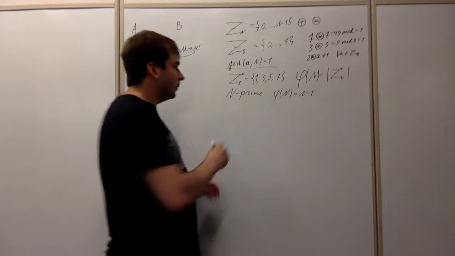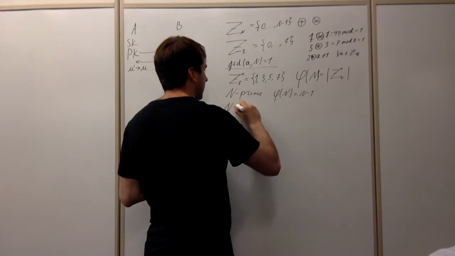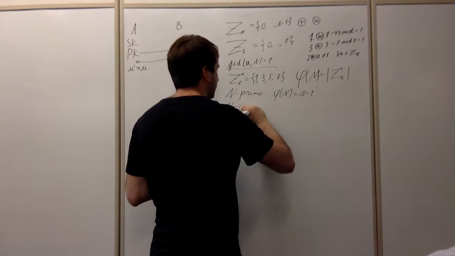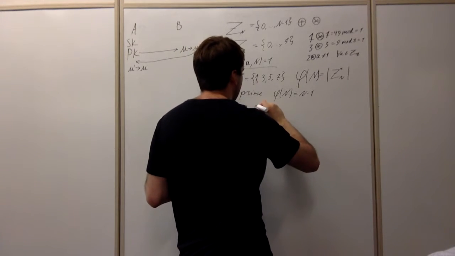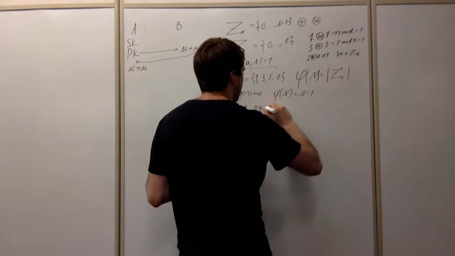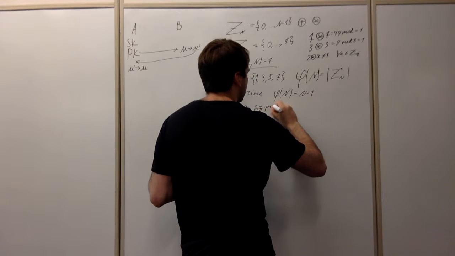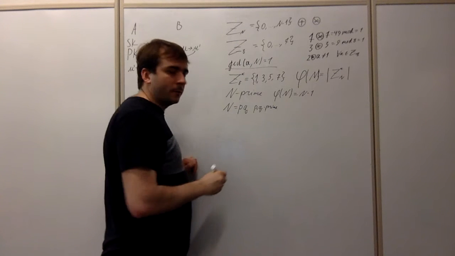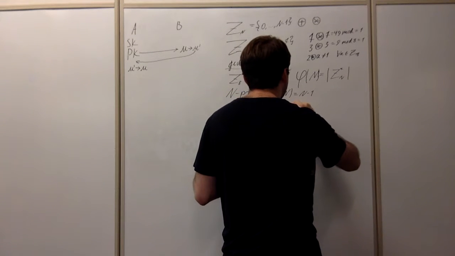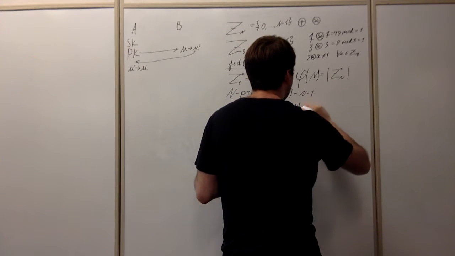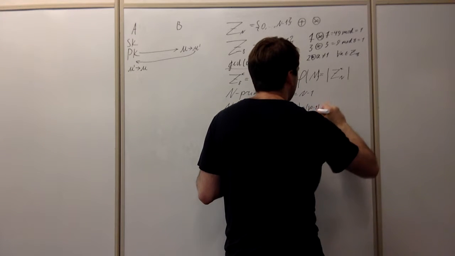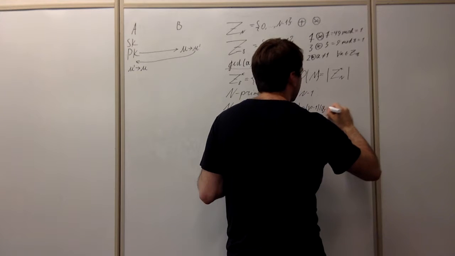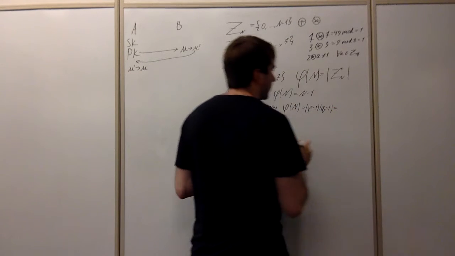That's why we subtract 1. If n is equal to the product of p and q, where p and q are both primes, then phi of n is equal to p minus 1 multiplied by q minus 1. Why is that the case?